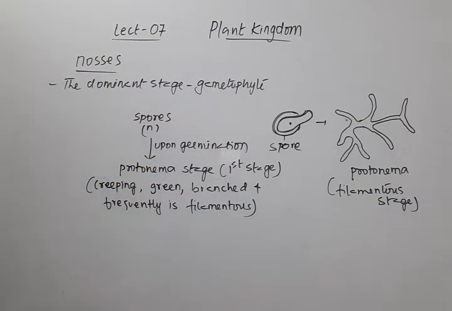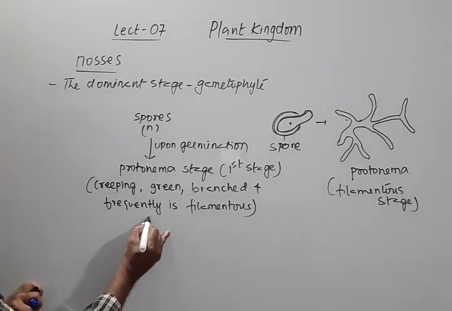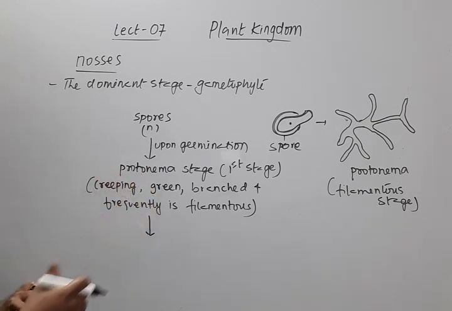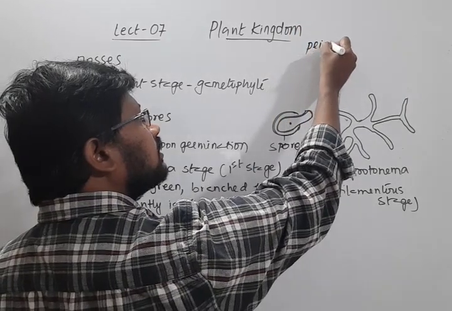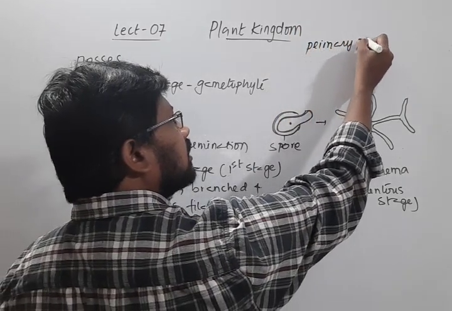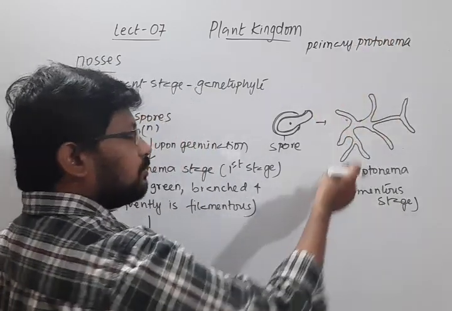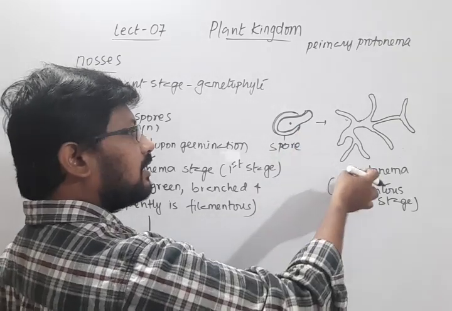Buds form on the protonema, and that is especially the secondary protonema. The primary protonema later gives rise to the secondary protonema. The primary protonema is the one that actually emerged from the spore immediately.